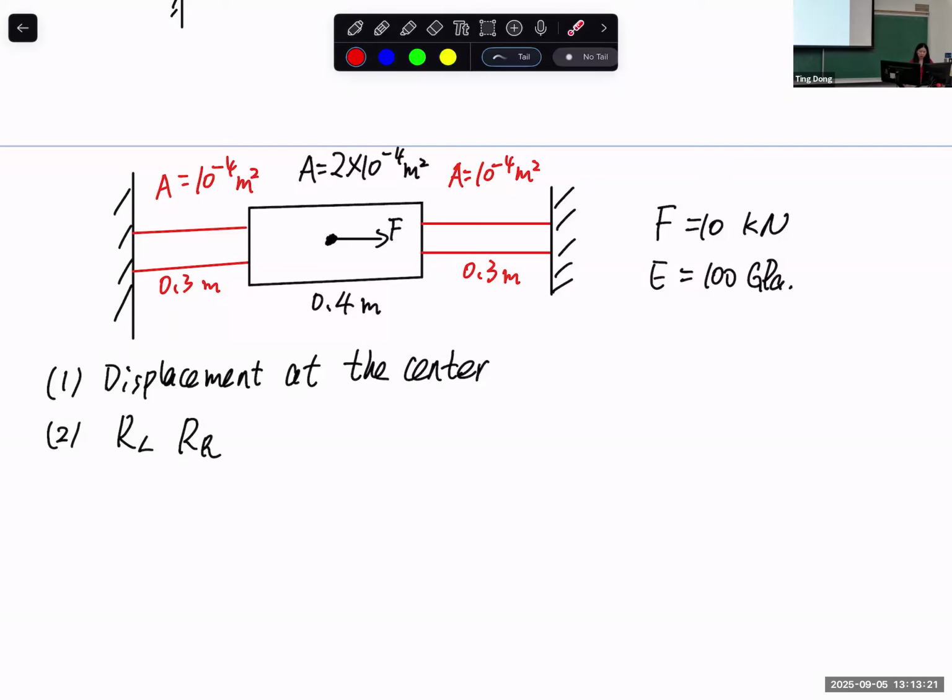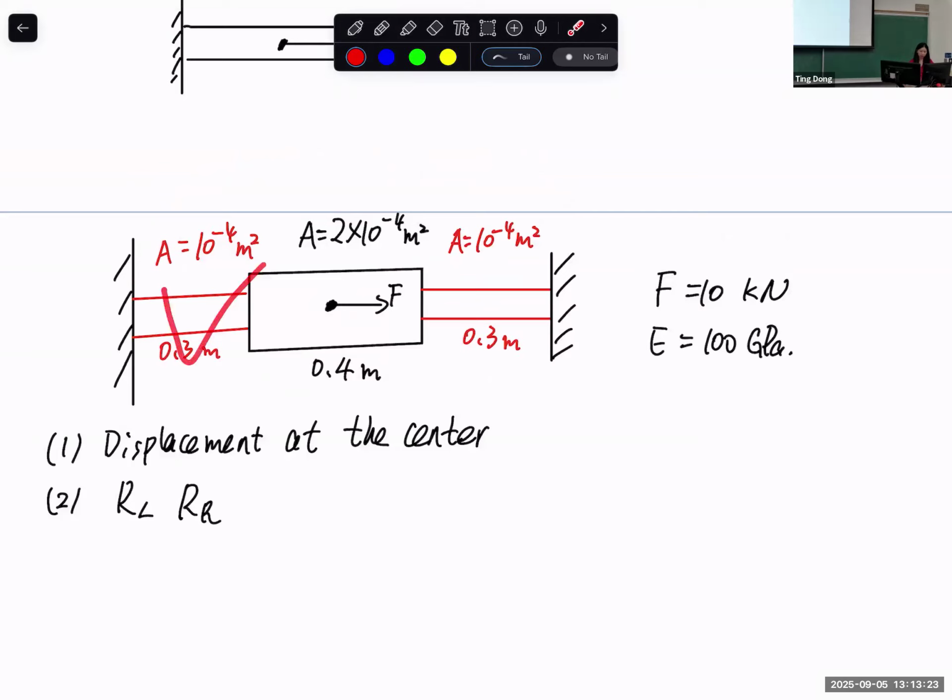So the thing here is that even though the beam itself, without considering the force applied, is 3 sections, since there's a force applied at the middle point, this point should be a node. Otherwise, there's no way you can calculate. Any constraint force in our FEA has to be at a node. So now we have 1 element, 2 element, 3 element, 4 element, and 5 nodes.